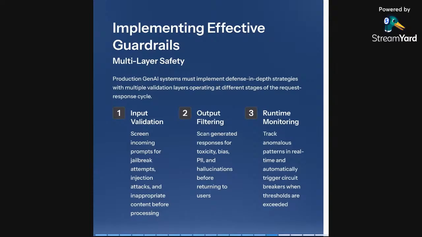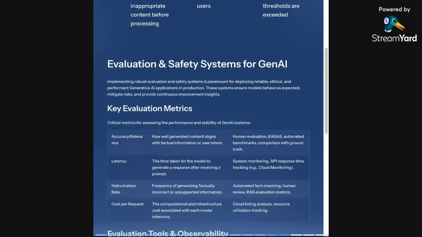I think most of the things that I discussed are all here. Input validation and all of those things, runtime monitoring and output filtering. Whenever I have multi-layer safety, let's say I have a system where I want to go through different workflows and multiple layers are connected to each other, then to validate through those different layers, I want to make sure that it passes through the different stages of the response cycle.